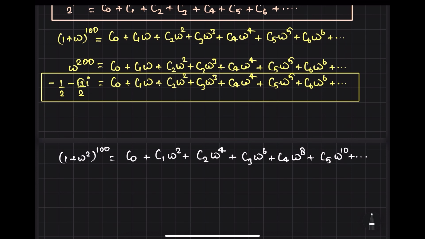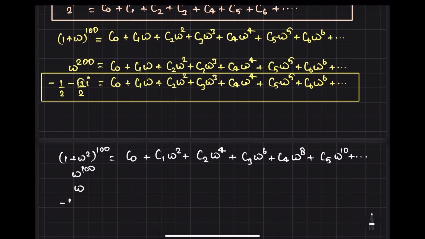Now you know that 1 plus omega plus omega square is 0. So 1 plus omega square is what? Minus of omega, correct? So minus of omega to the power 100 is omega power 100. And omega power 100 is what? Omega power 99 into omega. Okay, so who is this omega?